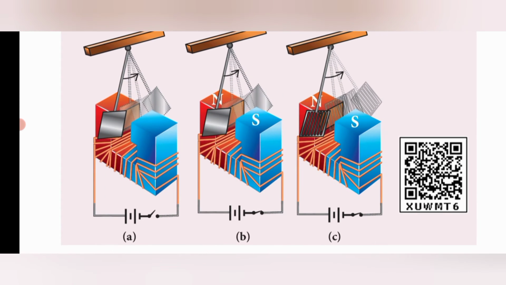We have to minimize the eddy current, as in the third picture. Some slots, rectangular hole-like structures, are placed in the rectangular sheet.